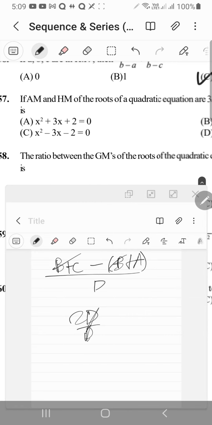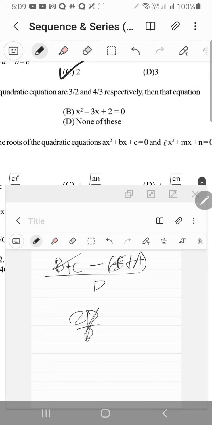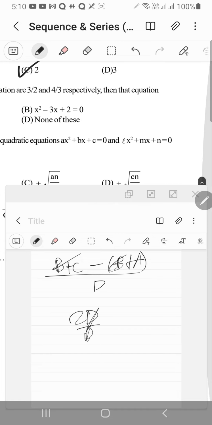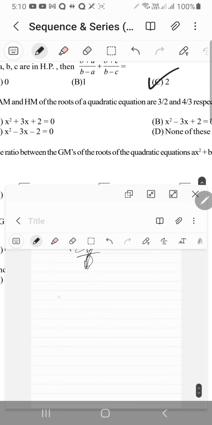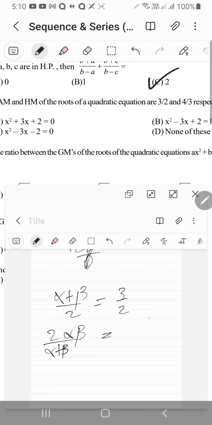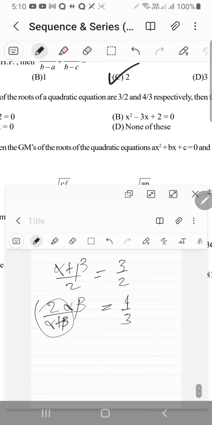Exactly. If AM and HM of the roots of the quadratic equation are 3 by 2 and 4 by 3. Oh, cool. Then that equation is, yeah, so alpha plus beta upon 2 is 3 by 2 and 2 alpha beta upon alpha plus beta is 4 upon 3, and this thing is just 3 upon 2, we know that.